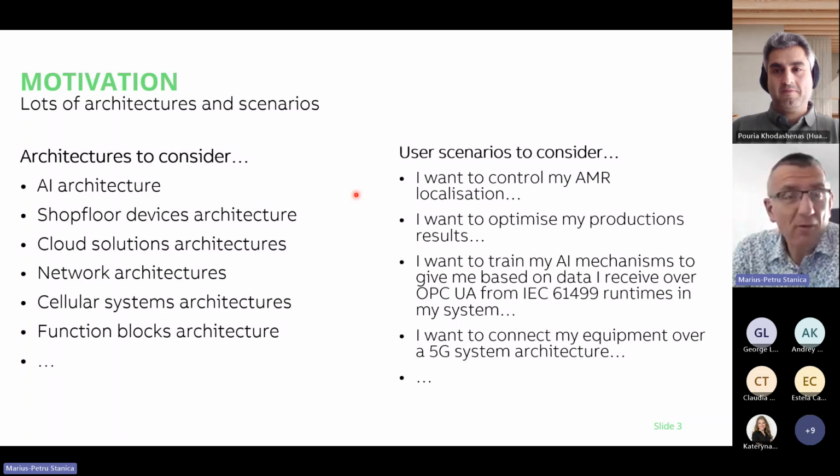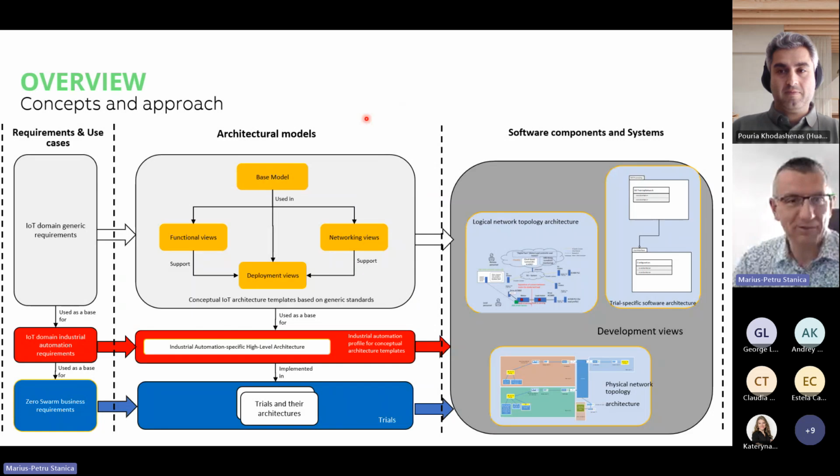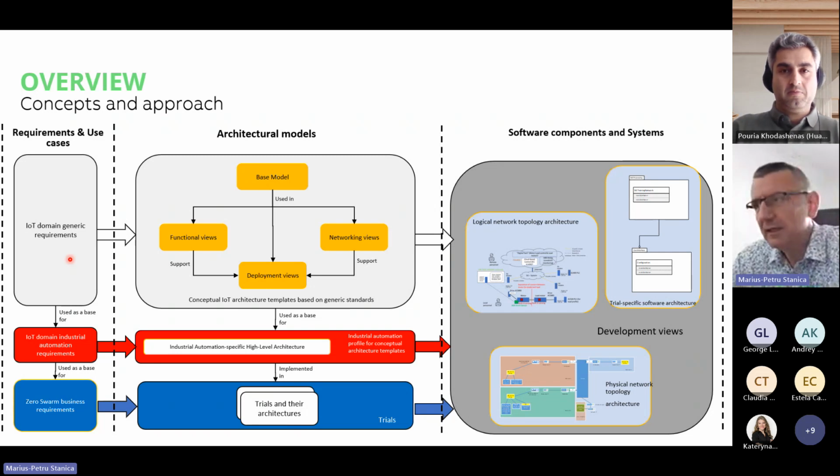So with all of that in place, the point was what can we do? How do we approach that? And then we tried to make it systematic. And we knew that there are at least some defined IoT domain generic requirements for various architectures and for various systems, but they were generic, so they are part of some specifications, which I will come back to in a few moments.